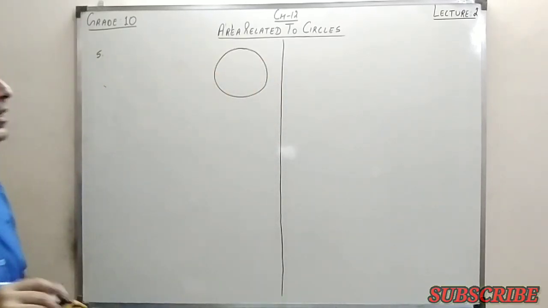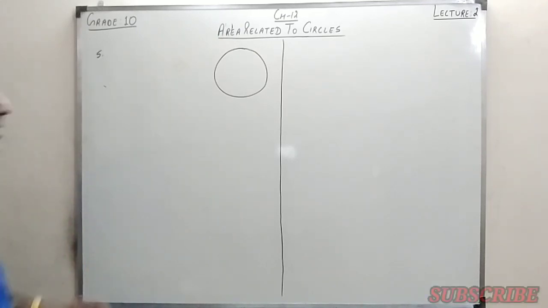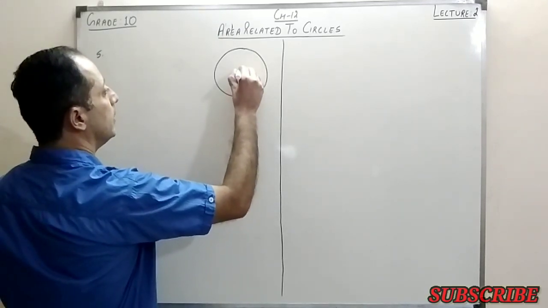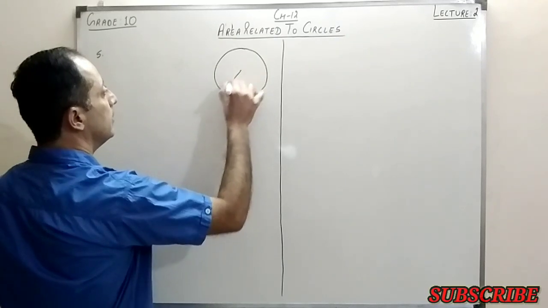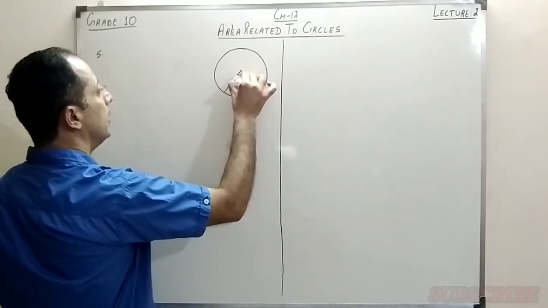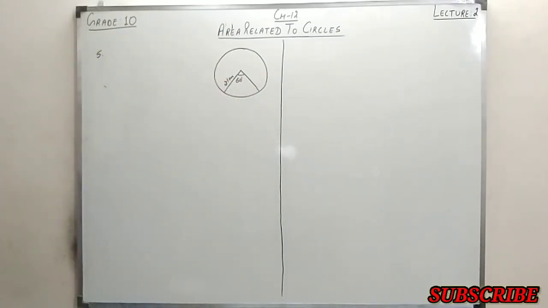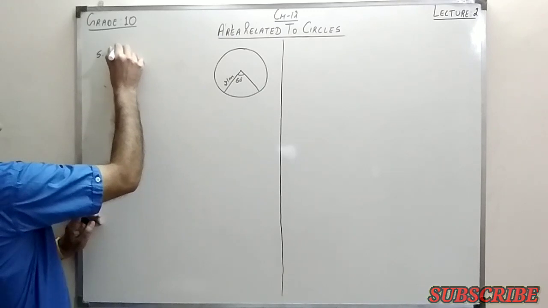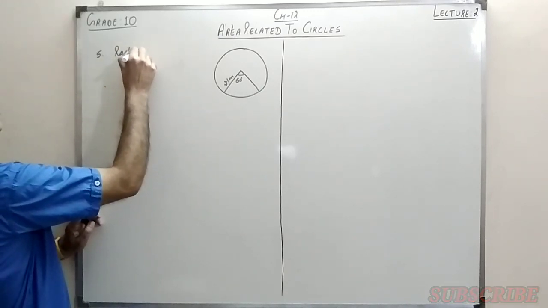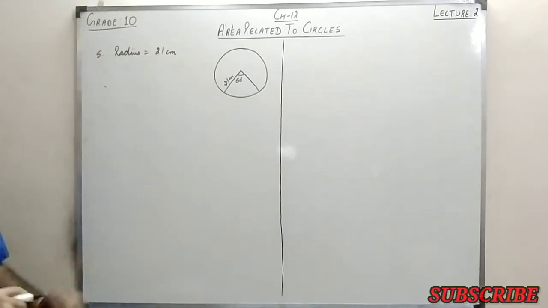Now it's given that the radius is 21 centimeter and the arc forms an angle of 60 degree. So this is 60 degree and the length of the radius is 21 centimeter. So I write this right here, radius equals to 21 centimeter.